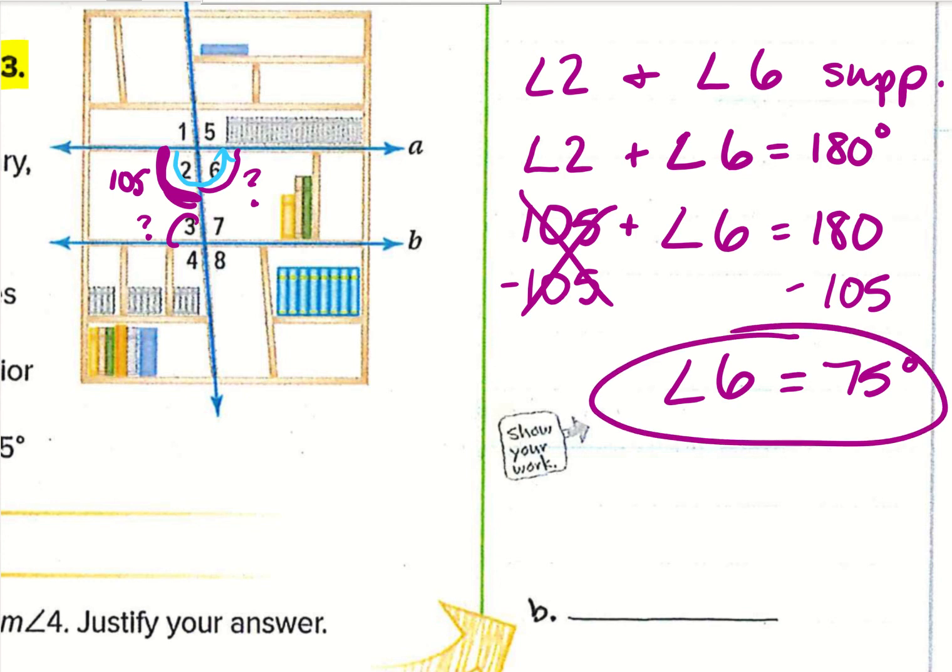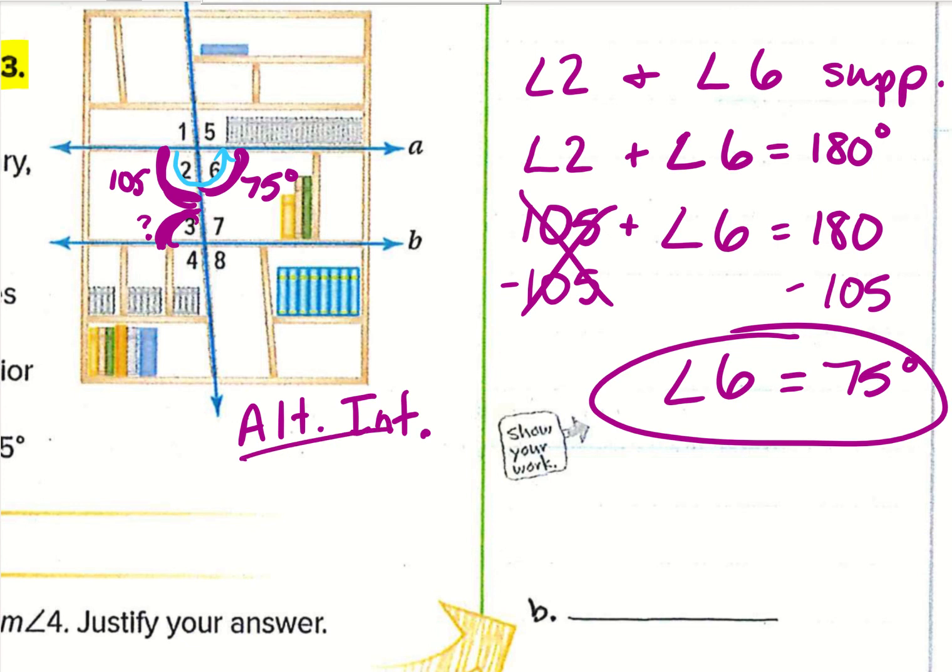Once you figure that out, then we need to find angle 3. If angle 6 is 75 degrees, I'm going to look at this and recognize right away that angle 6 and angle 3 are alternate interior angles, which I'm going to abbreviate just to say alternate interior like this.